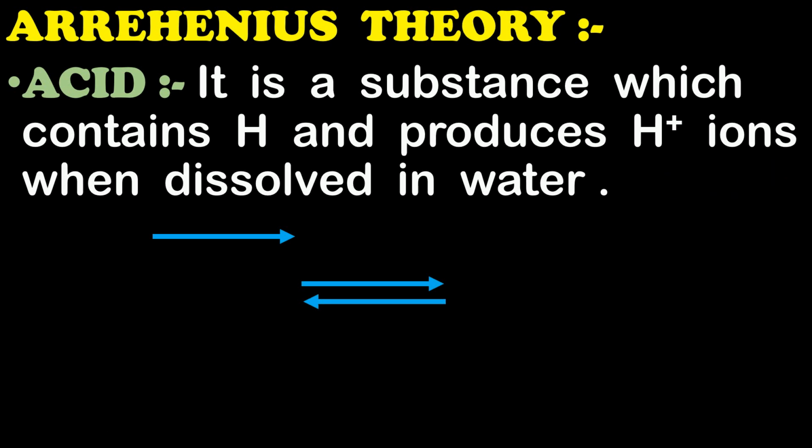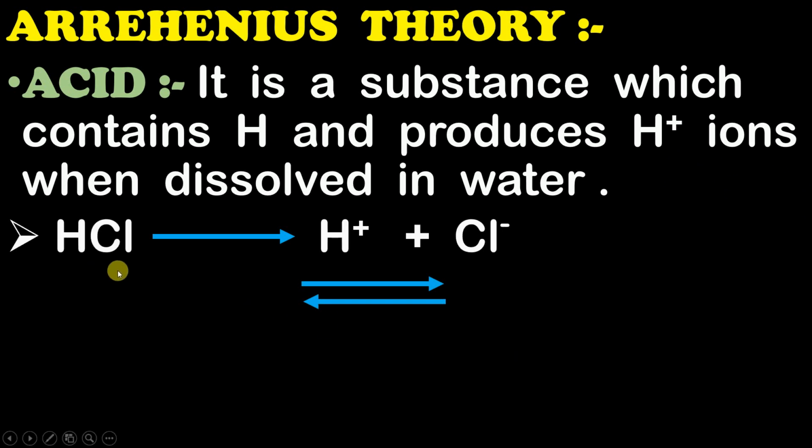For example, HCl, your hydrochloric acid. If you dissolve hydrochloric acid in water, it is going to give you H plus ions plus Cl minus ions, and the main requirement for an acid is that after dissolving in water it must give us H plus ions. So since HCl is giving us H plus ions when dissolved in water, therefore HCl becomes your acid.